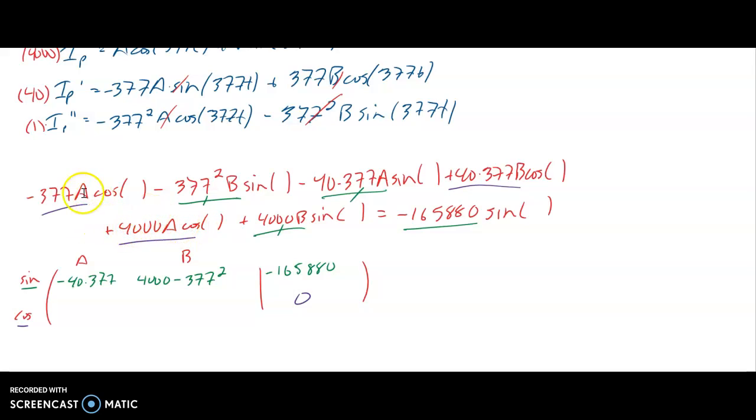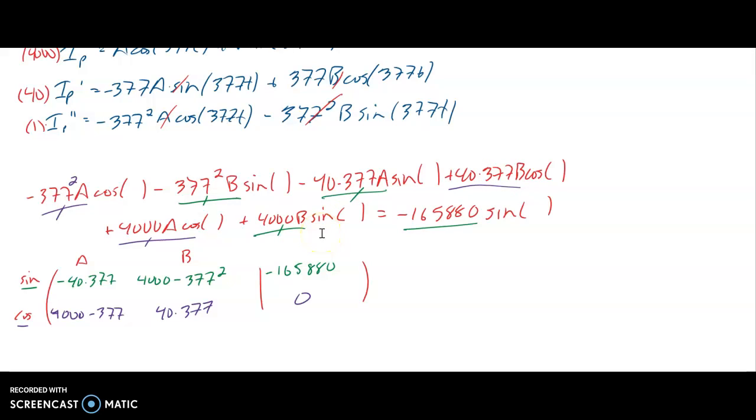I get the 4,000A minus 377A, so 4,000, oops, minus 377, yep, 377 squared. There should be a squared there, shouldn't there? Yep, I'm missing that squared. That squared came from this, maybe you saw that. All right, so I got that taken care of and that taken care of. Now I just need to have this one here, so it's 40 times 377.